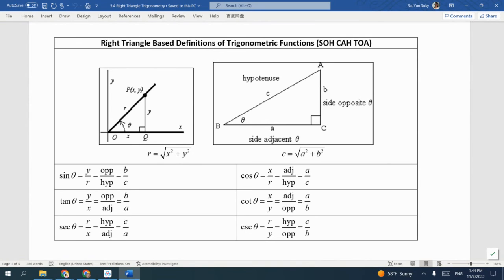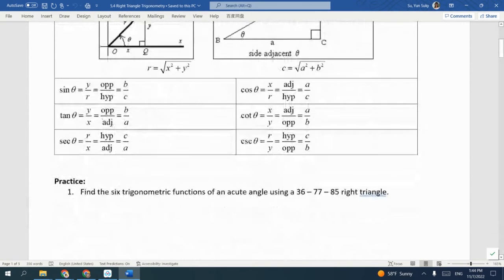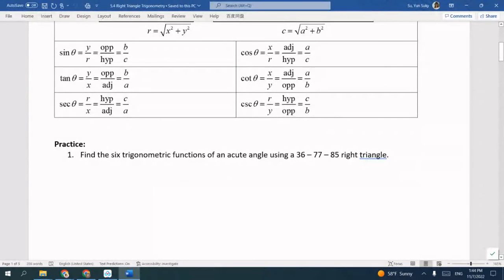Cotangent is adjacent over opposite. Secant is 1 over cosine, so hypotenuse over adjacent. Right, everybody? Cosecant is 1 over sine, so the reciprocal, hypotenuse over opposite. Do you remember those, everybody? Now we just put them in a triangle instead of on the xy plane.